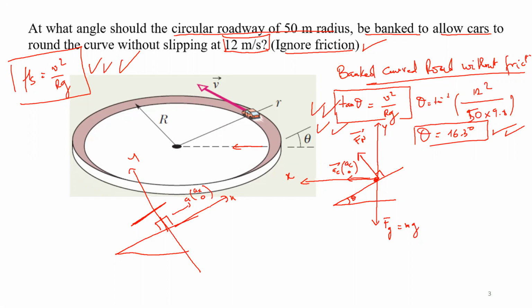Here, don't do that. Don't choose this as my x-axis and this as my y-axis. Otherwise, this acceleration will have two components, one along x and one along y, and that will not make my life easier. So always choose your x and y such that your acceleration is purely along one axis.